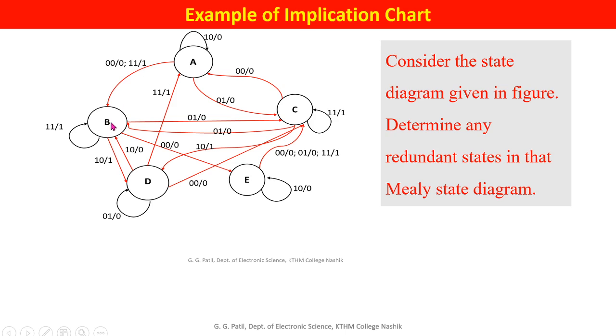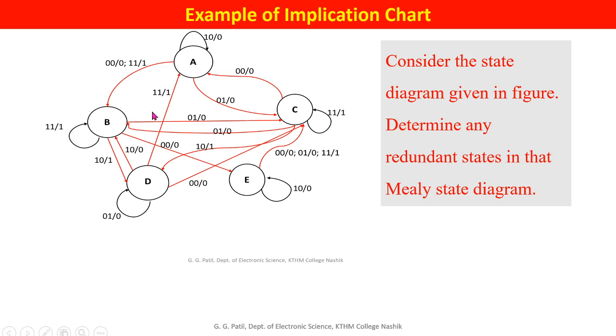Similarly, state B can be read, state C can be read, state D can be read, and state E can be read. We'll take state B. Present state is B, and if input is 0 0, where is input 0 0? This one, see this line. When the input is 0 0, the next state is E and the output is 0. Then when present state is B and input is 0 1, where is 0 1?